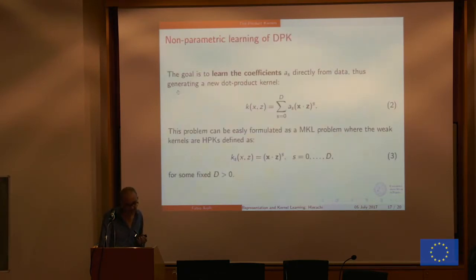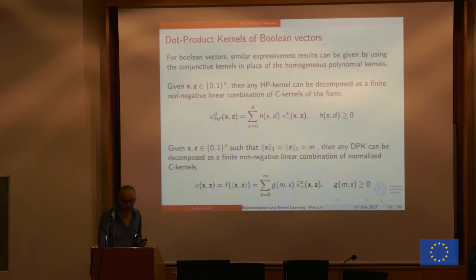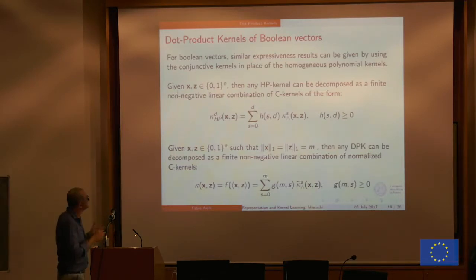So this is the algorithm. Another important result we obtained is that the same reasoning can be applied to Booleans. In the case of Booleans, we have stronger results. When you have Boolean vectors, you have similar results, but involving conjunctive kernels.